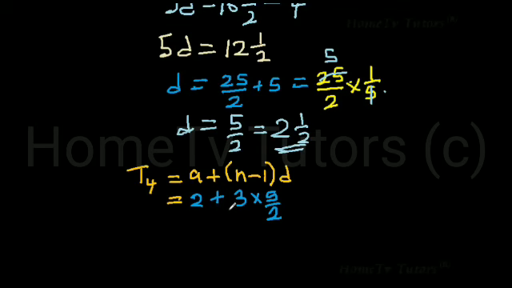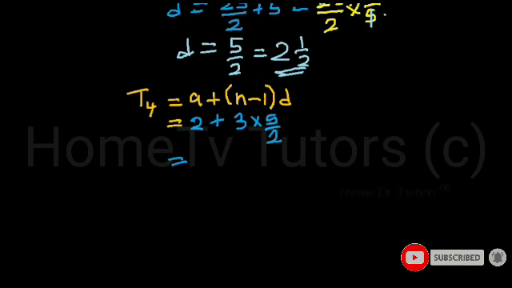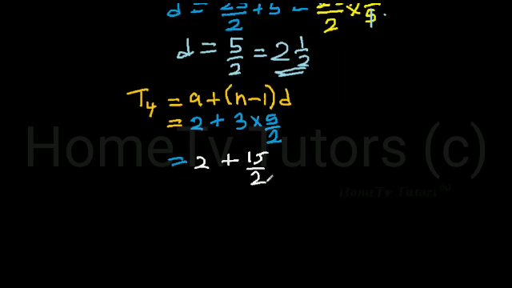Okay, so now we have 2 plus 3 times 5 will give us 15 over 2. Now we can look for the LCM of 1 and 2, which is 2.